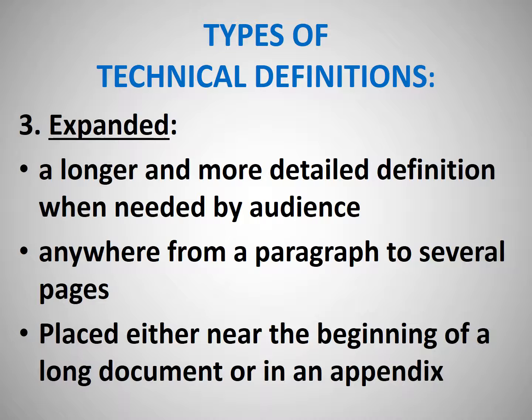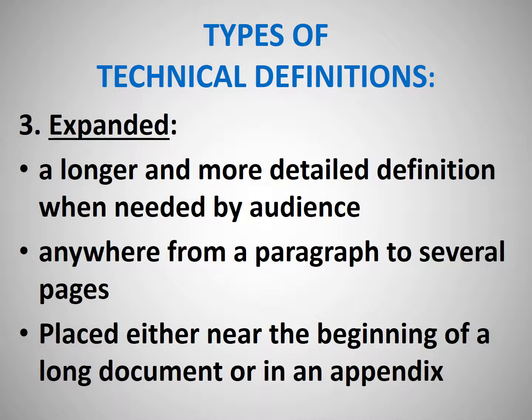So if we've already established that the audience is not as familiar as we are, that they're going to need a lot more support, then we're going to probably be using expanded definitions. Okay? And by expanded, we could mean a paragraph to several pages. Some entire documents do nothing but define a term or a concept. All right? So it could be a whole paper, or it could be a paragraph.